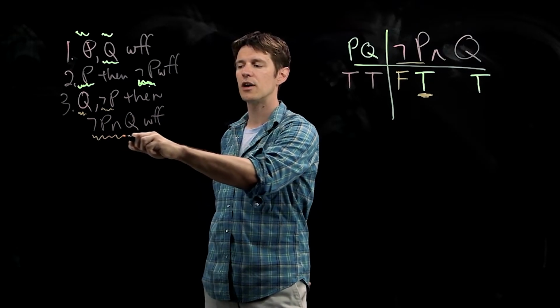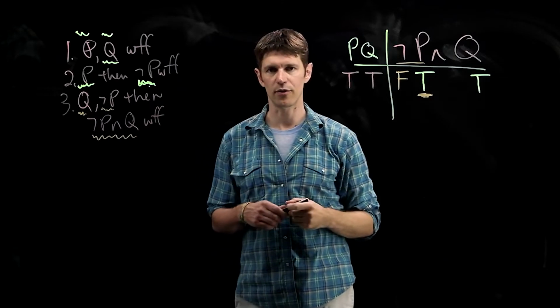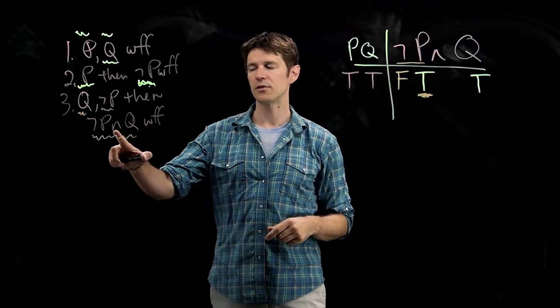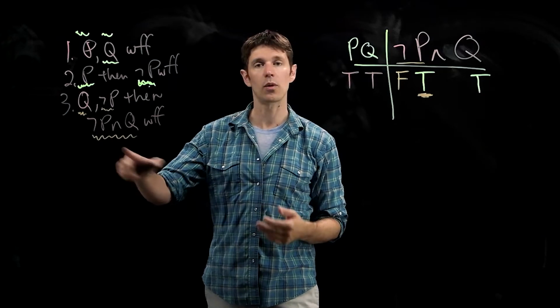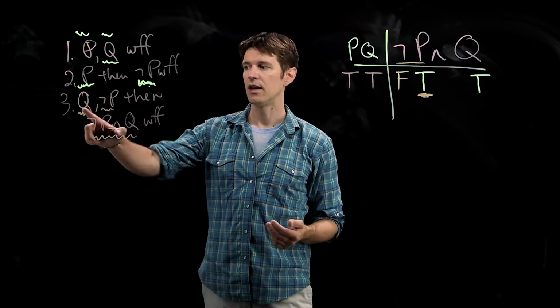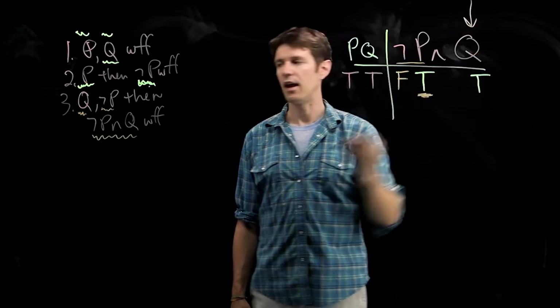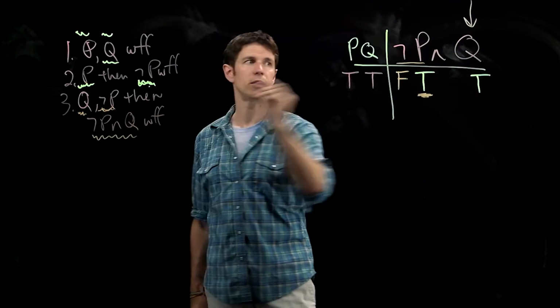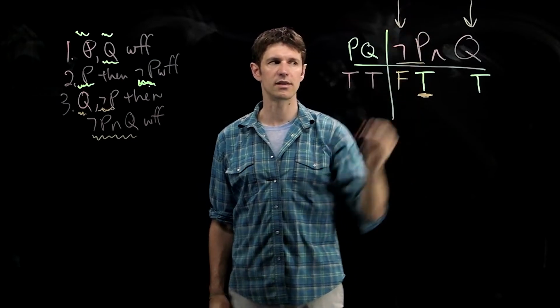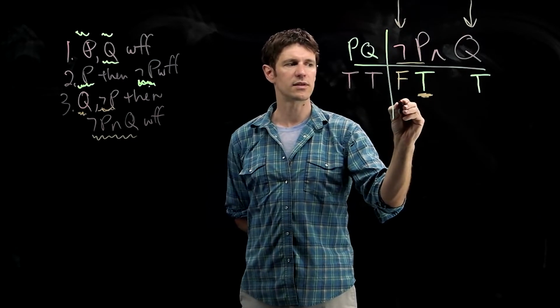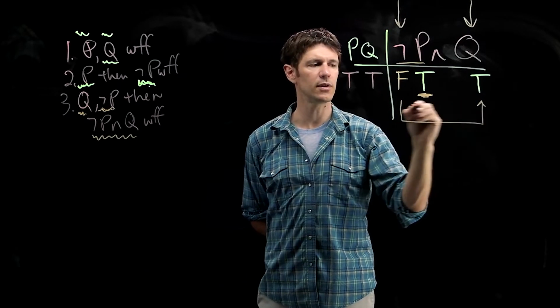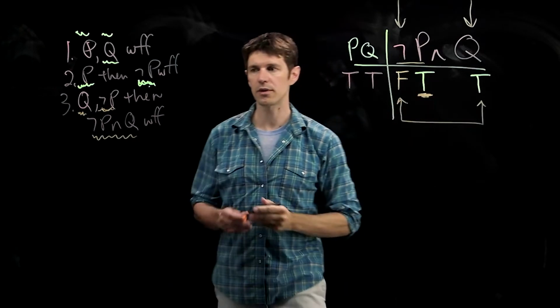And so the conjunction of those two is a well-formed formula. So we're going to assign the truth value to this conjunction. And what we're going to use to do that is the truth value assigned to Q, which is right here, and the truth value assigned to not P, which is underneath this negation. So we're going to use this false and this true here to determine the conjunction.